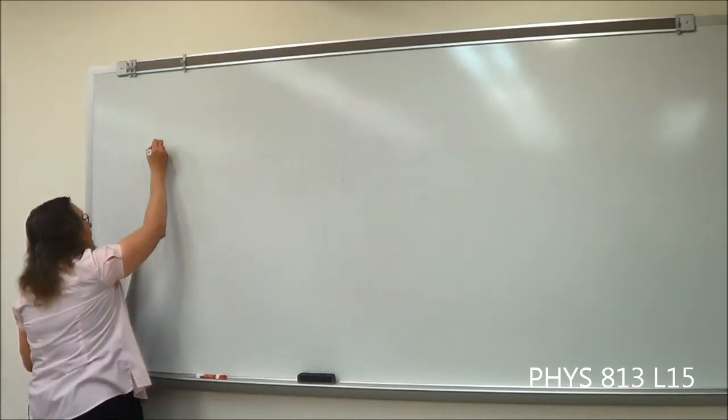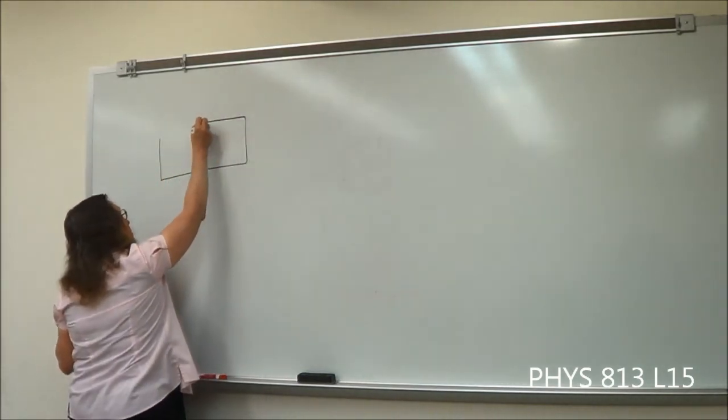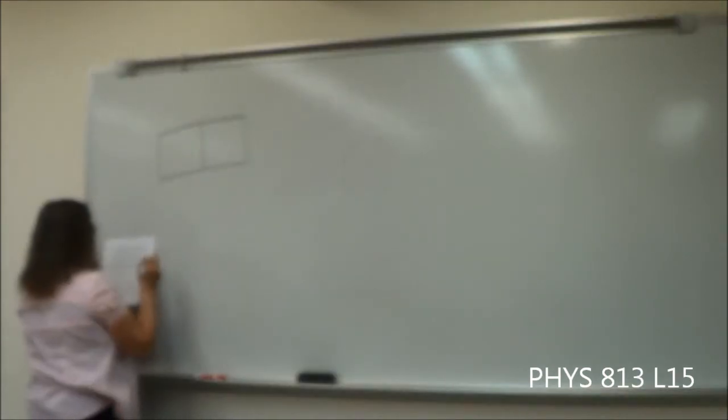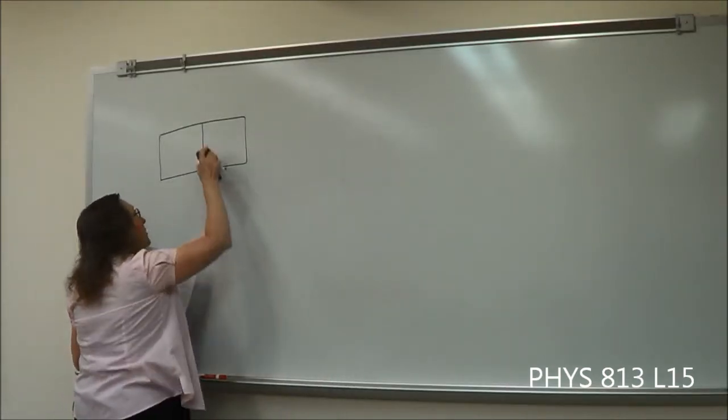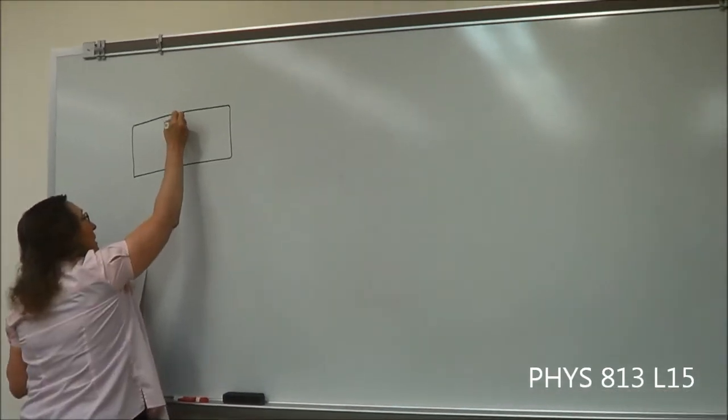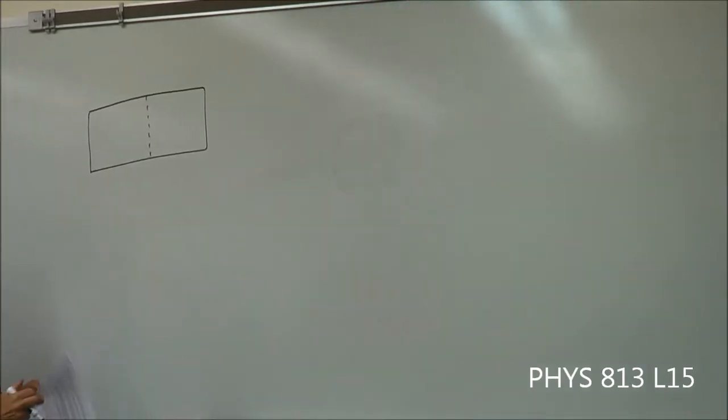Okay, so if we have a junction, and this is the material, maybe I won't put a solid line there. I'll just put a dotted line. And the other crucial thing is, how do you get those two pieces of material together?